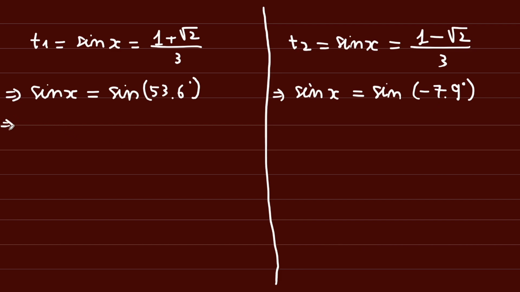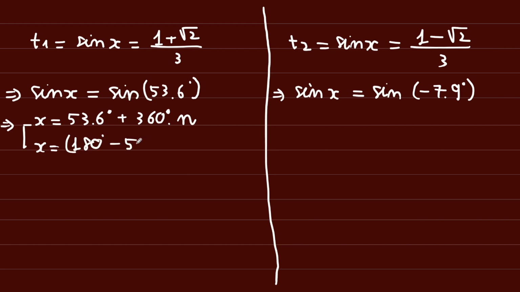Yep. And now it is time to apply the general solution for the sine function. The first general solution keeps the original angle unchanged: 53.6 degrees plus 360 degrees multiplied by n. After that you use the supplementary angle, 180 minus 53.6 degrees plus 360 multiplied by n. Then just rewrite the solution for better writing.